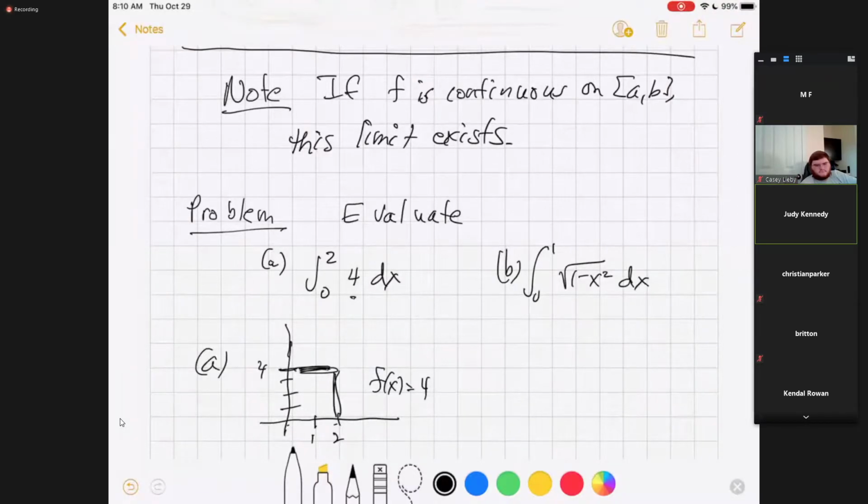So the integral is actually going to give me the area of this rectangle. And I know that a rectangle has area length times width, so it's 2 times 4. The integral from 0 to 2 of 4 dx is 8.